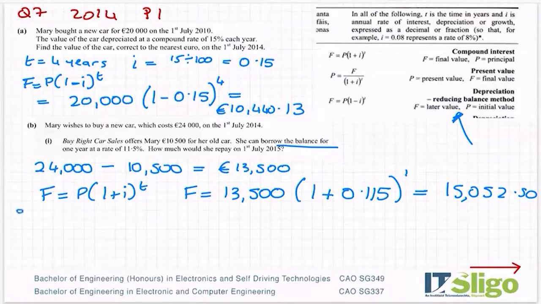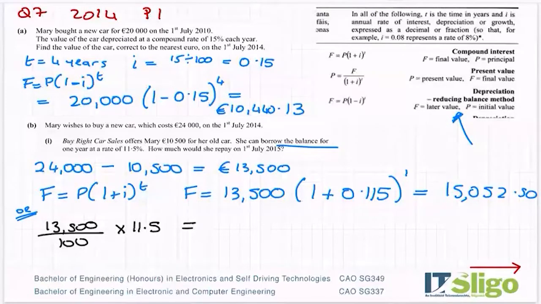Okay, so that's one way of doing it. It doesn't really make sense though, because that's compound interest. It's like you're putting money into a bank and you're getting interest. So the most logical way of doing it would be to take the 13,500, divide it by 100 and multiply it by 11.5%. So what am I doing there? I'm getting 11.5% of 13,500, okay?